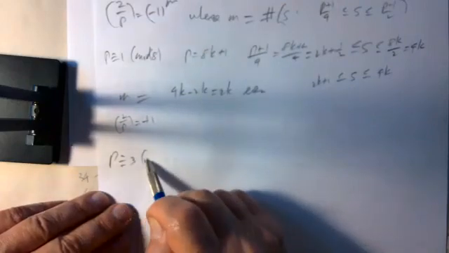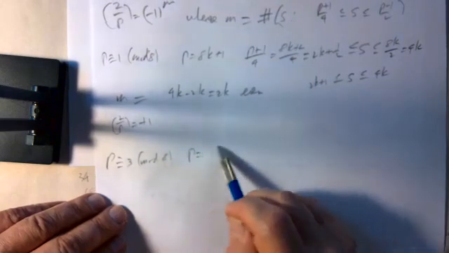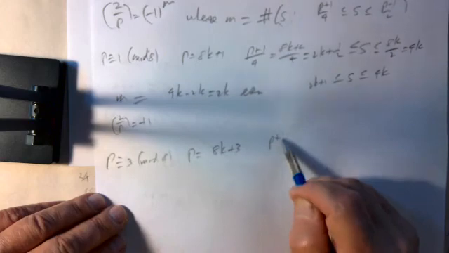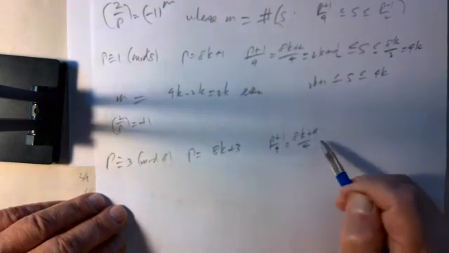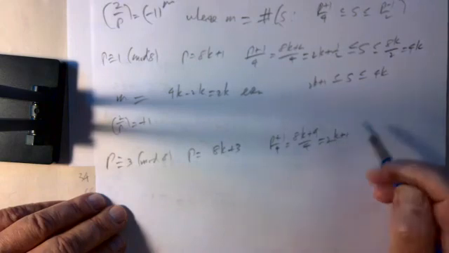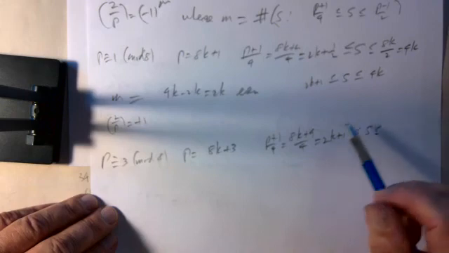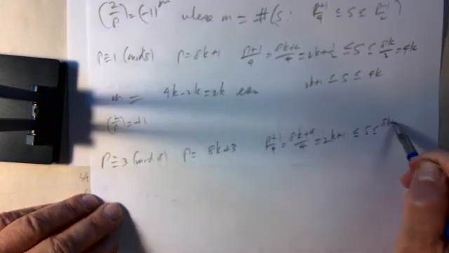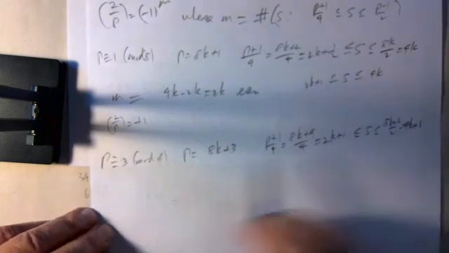If p is congruent to 3 mod 8, so p is 8k+3. So (p+1)/4 is (8k+4)/4, which is 2k+1, less than or equal to s, less than or equal to (p-1)/2. That's (8k+2)/2, which is 4k+1.